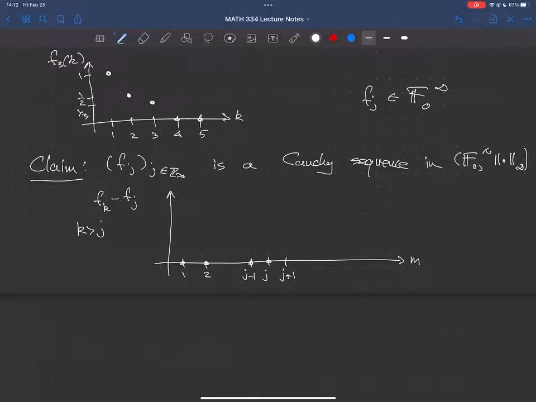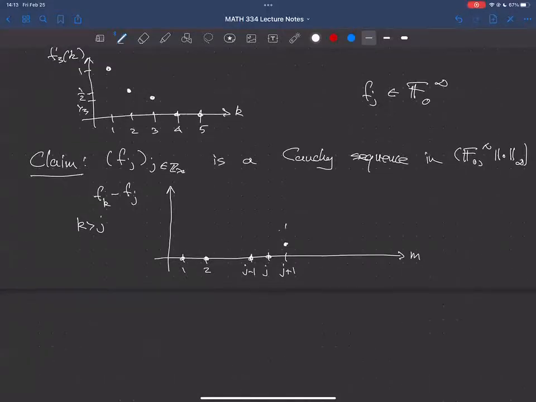All right, so at j plus 1, fj is 0, but fk is going to assume some non-zero value, and that non-zero value is going to be 1 over k plus 1. And similarly at j plus 2.